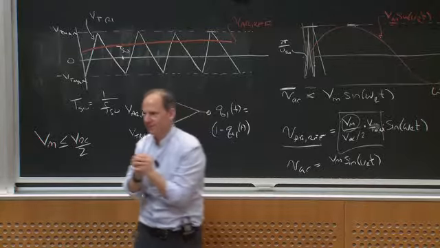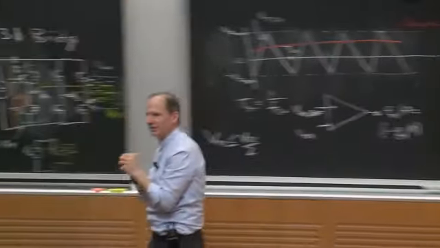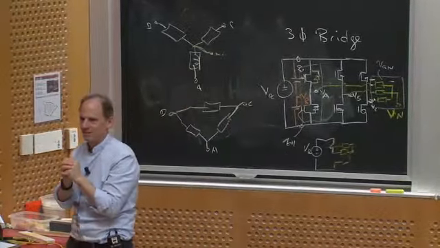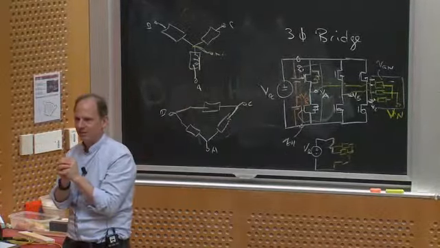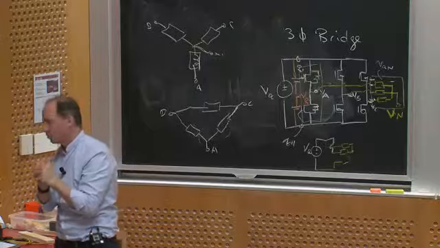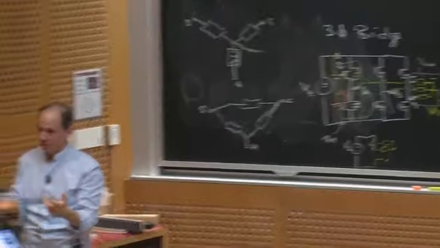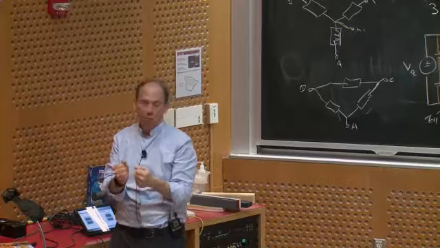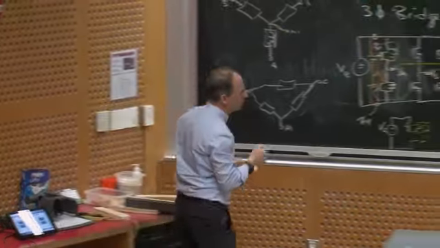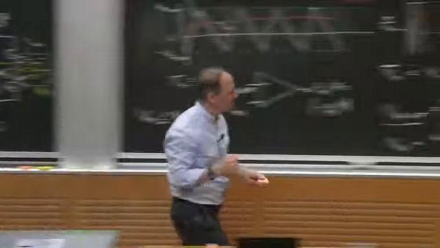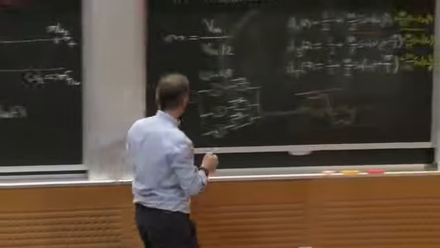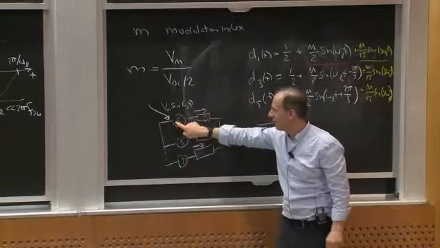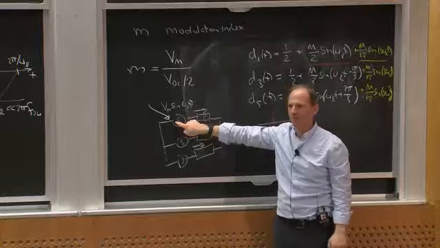Can you explain again how, like, VDC is fixed, so how is this increasing, like overcoming the back EMF? Right, well, let's assume the back EMF is at the fundamental. So what I have to worry about is how much fundamental can I create here.